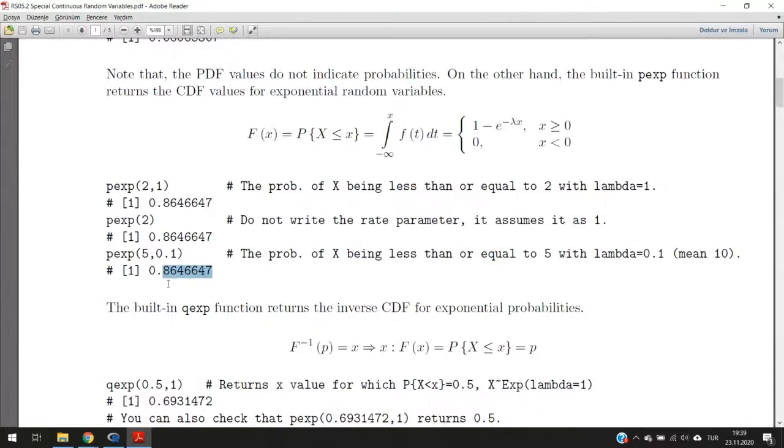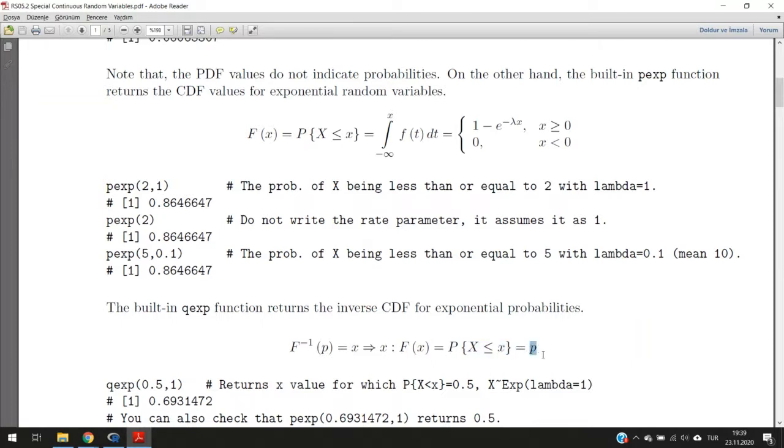Now, another function that we need to learn is the qexp function, which is basically the inverse of the CDF. Actually, we have solved questions related to that. Remember, the CDF F(x) was indicating the probability of X to be less than or equal to x. And of course, there's a probability of these events, which is p.